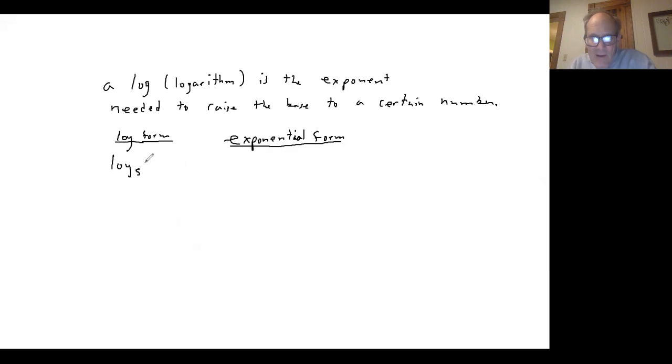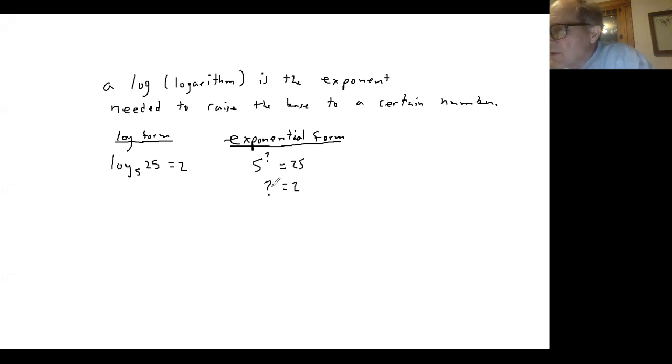Log base 5 of 25. What is that? Well, it's obviously 2 because 5 to something equals 25. So that something has got to be 2, right? The question mark has to be 2.